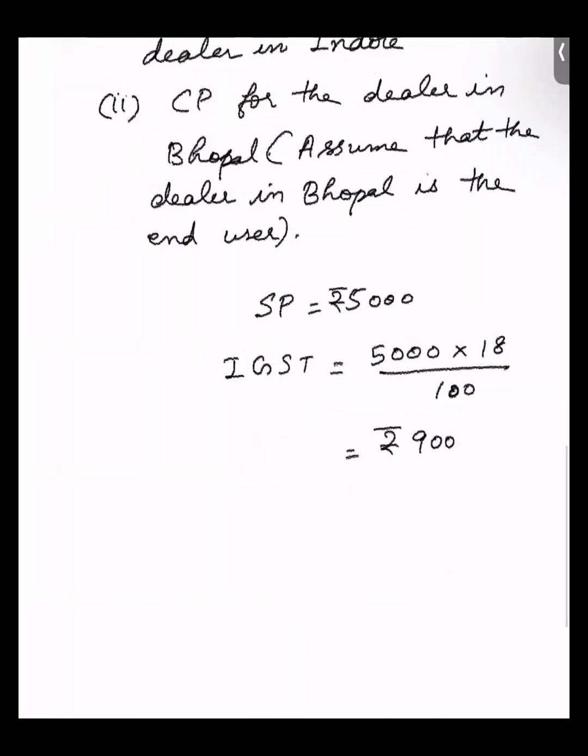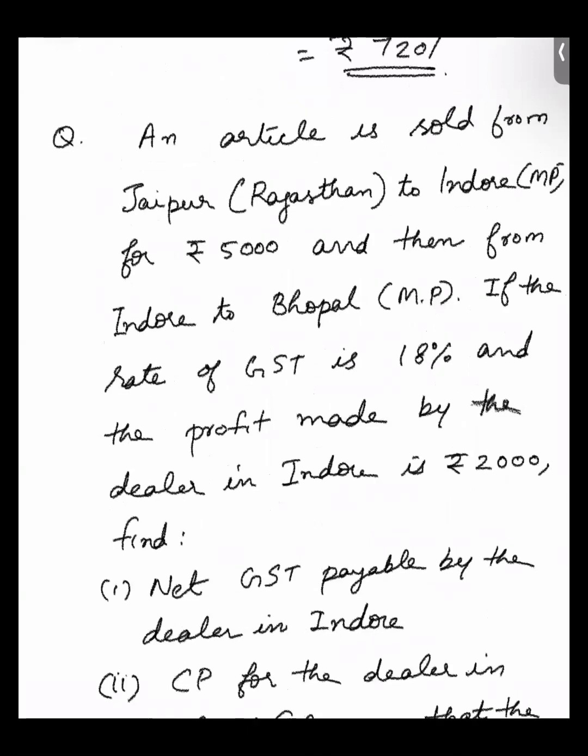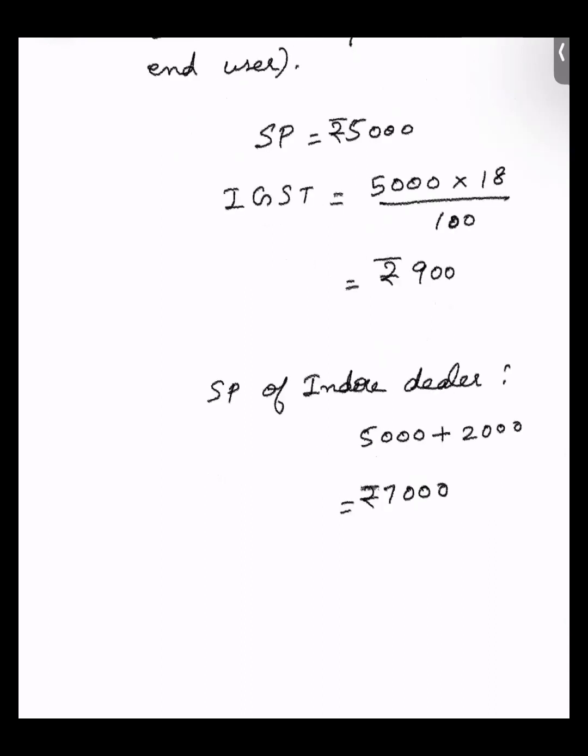Since it's an intrastate transaction, first we need to see the selling price of the Indore dealer, Indore to Bhopal. The profit made by the dealer in Indore is 2,000, so the selling price becomes 5,000 plus 2,000, which is 7,000 rupees.